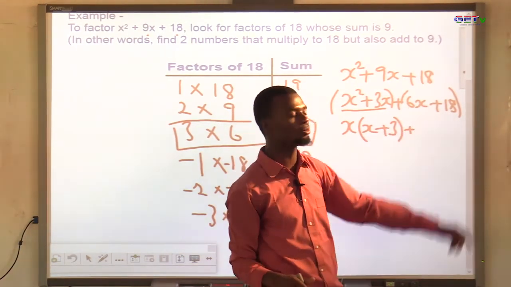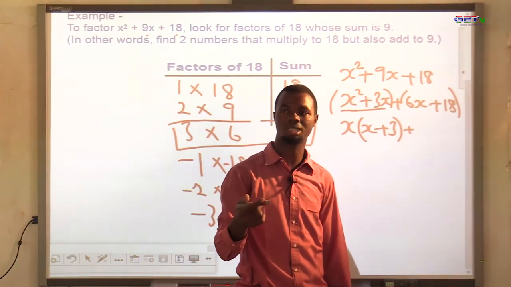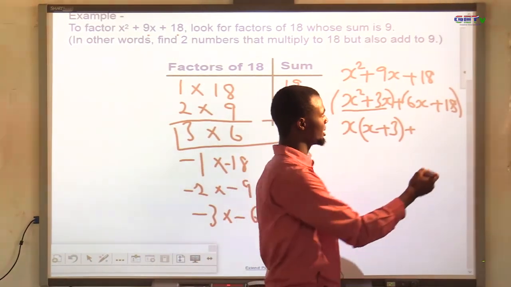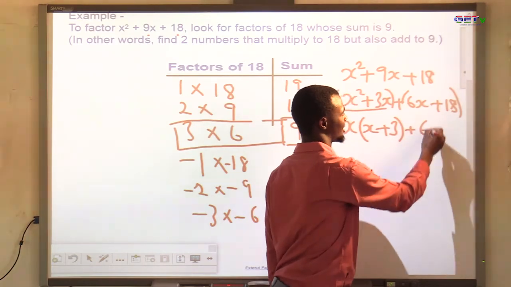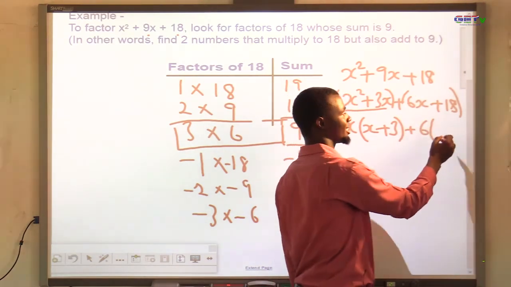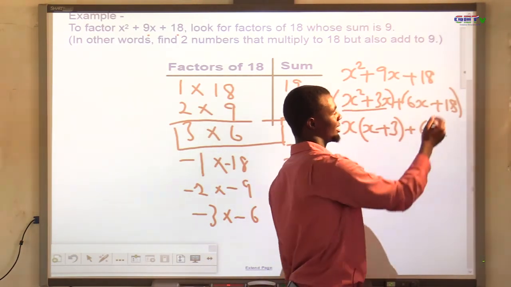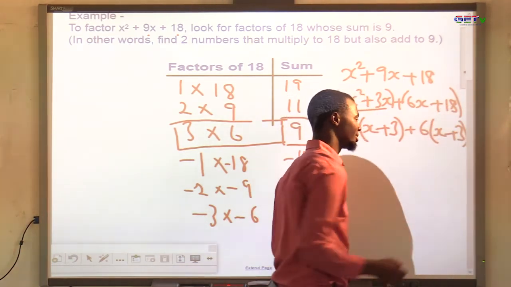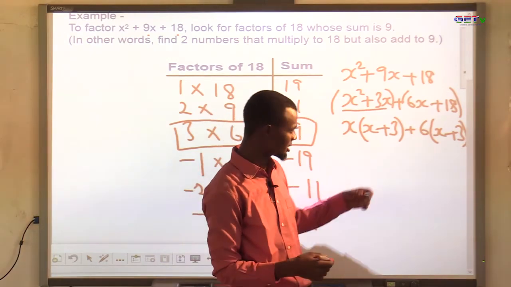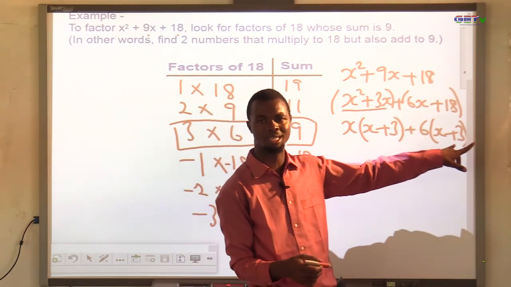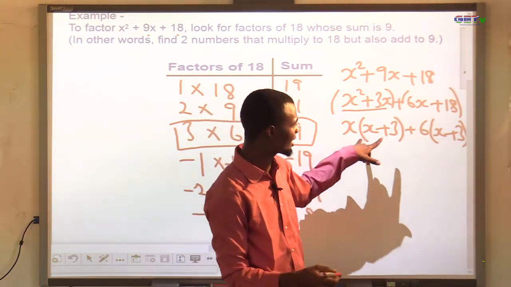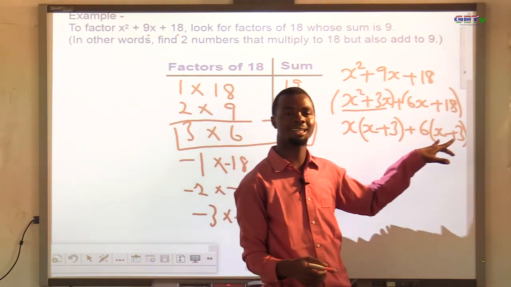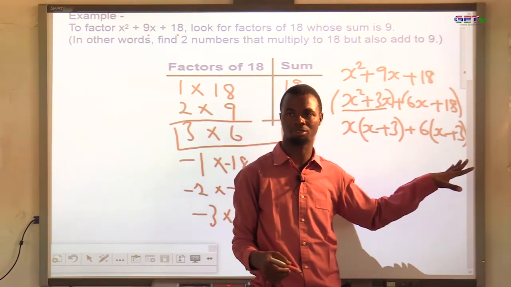So the common factor will be 6, because 6 can go into 18 without a remainder. So you will have 6x divided by 6, that will give you x. Then 18 divided by 6 will give you 3. At this point, you can see in the bracket you have the same thing. That is x plus 3 and x plus 3 at either side of the bracket.